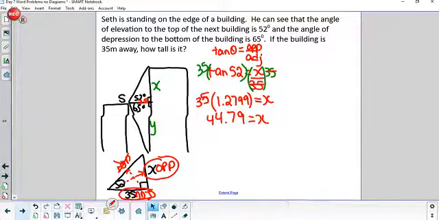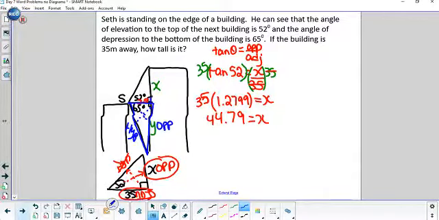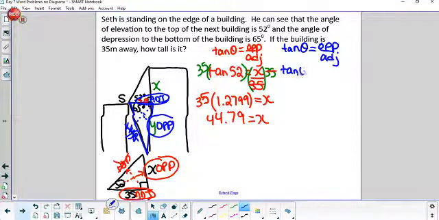So now we want to do the same thing with this bottom triangle, and we want to find Y. So across from the 90 degree is our hypotenuse. Across from the angle we're given is our opposite. Our adjacent is beside. We're looking for our opposite. We know our adjacent. So again, we are using tan. This time the angle we're dealing with is 65.